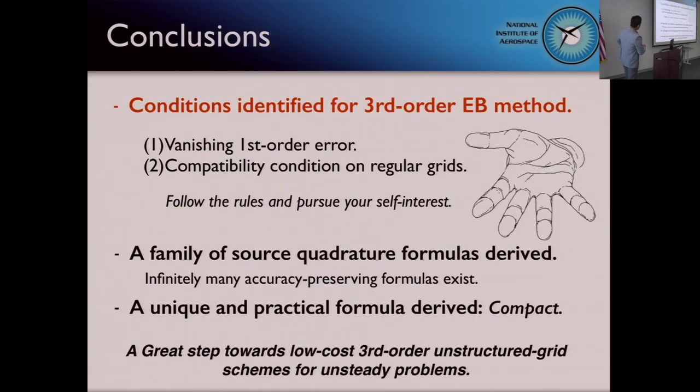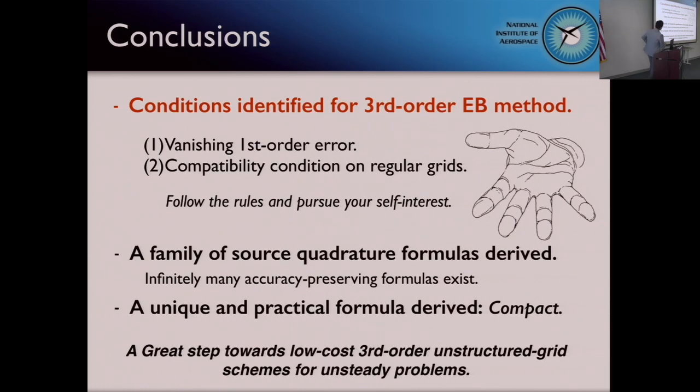So conditions identified for third-order edge-based method. I think this is a big deal. There are two conditions: vanishing first-order error, and compatibility condition on regular grids. Now, under these rules, you can seek your self-interest, and the invisible hand exists. Otherwise, it was very difficult before to know what to do, how to derive these formulas.